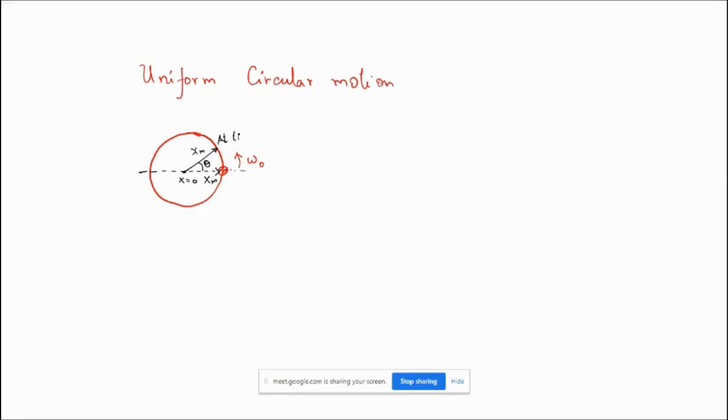At time t, let this be the new position of the bead. We have the initial conditions at time t equal to 0: theta is 0 and x is given as xm. The x coordinate of the projection is xm.